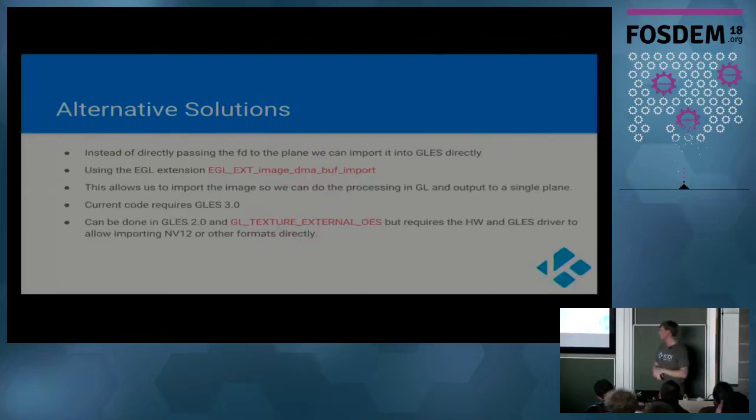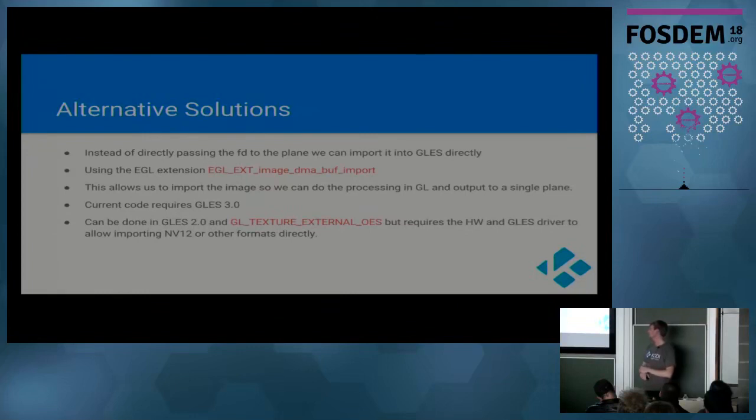So what happens in this case is that we get the file descriptor from FFmpeg, import it into GL, and use it from there, and then we can do image manipulation on it. It works. I have it working on the Dragonboard.